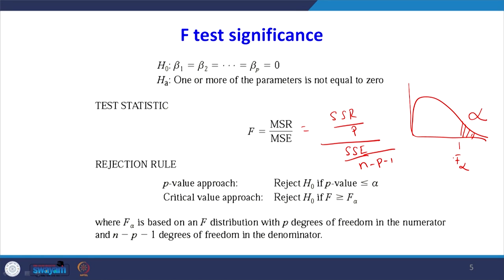So, what you have to do is find the p value. If the p value lies on the rejection side, you have to reject it. Otherwise, if the F value is beyond the F alpha value, we have to reject it. Here F alpha is based on the F distribution with p degrees of freedom in the numerator and n minus p minus 1 degrees of freedom in the denominator.